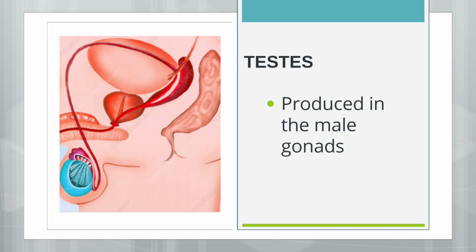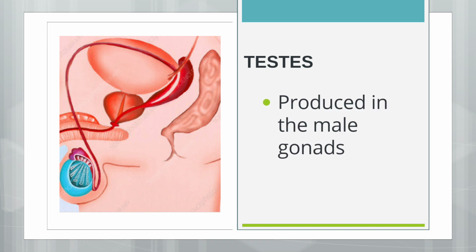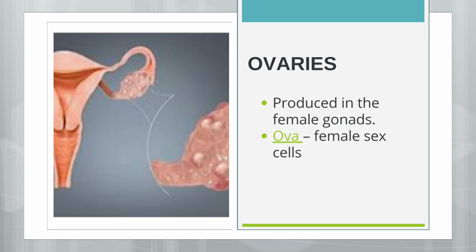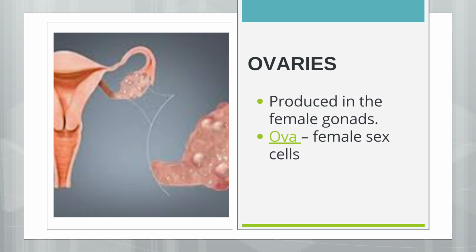This spermatozoa is produced in the male gonads, which are the testes. And then next are the ovaries, where the female sex cells are produced. This is the left and the right ovary. The female sex cell is called ova.